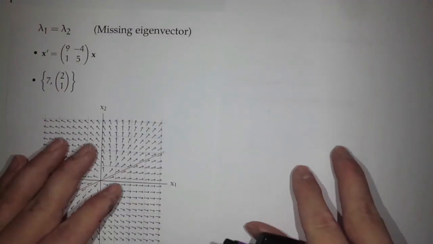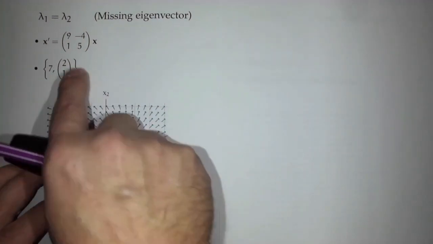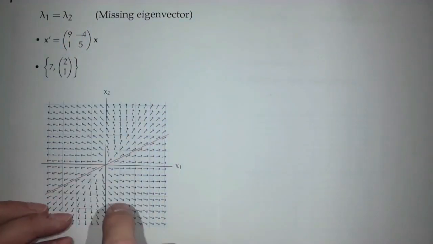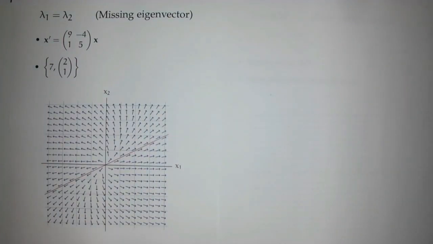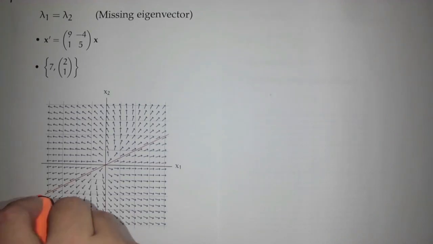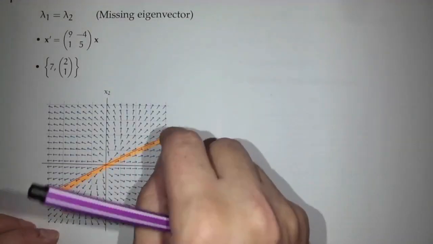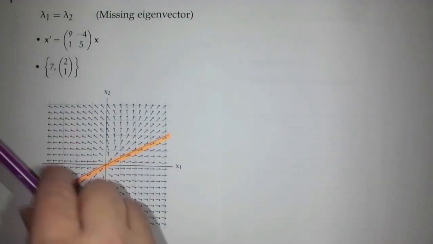All right, a few more. We could have two eigenvalues that are the same, but we come up short in the eigenvectors. So in other words, there's only a single eigenvector. There's not two of them. So here's an example where we have a single eigenvector for the eigenvalue 7.